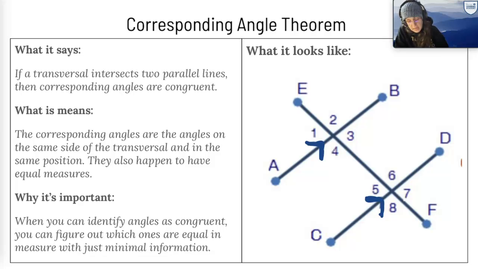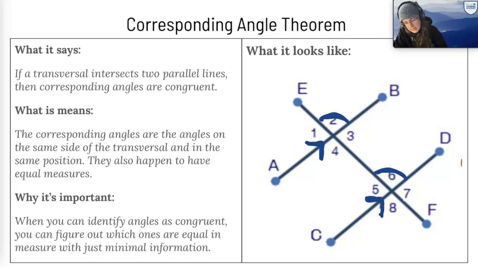Corresponding angles are congruent. They are angles on the same side of the transversal, but one is exterior and one is interior, in the same position.